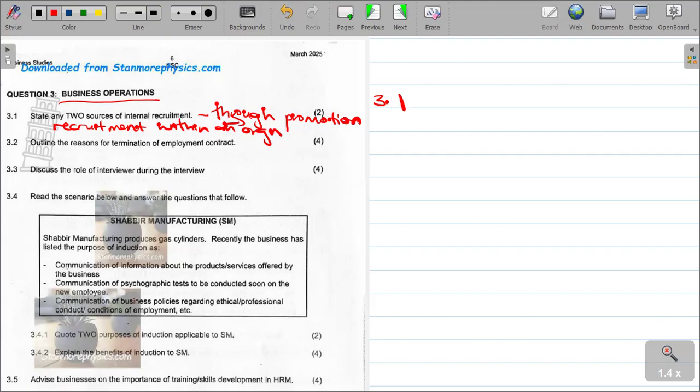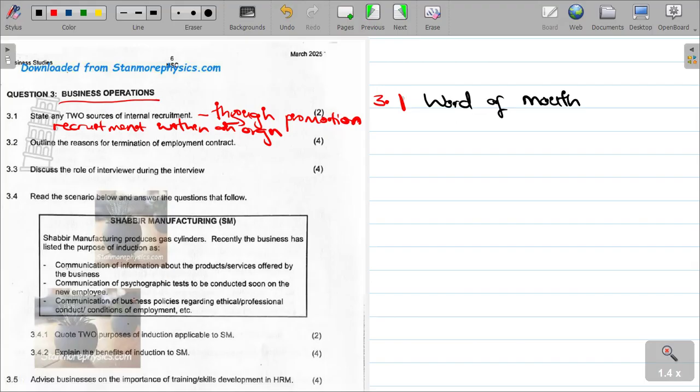So let's discuss sources of internal recruitment, right? One can be word of mouth, whereby a manager will tell employees who are potential candidates for promotion to apply for the position.